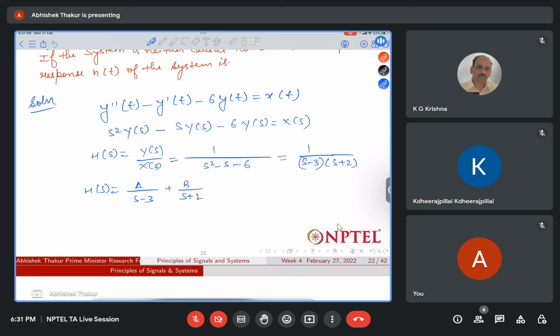What is the value of A and B? That is A plus B is equal to 0, 2A minus 3B is equal to 1. A is equal to minus B, so that will be minus 5B is equal to 1. So B is equal to minus 1 by 5 and A is equal to 1 by 5.